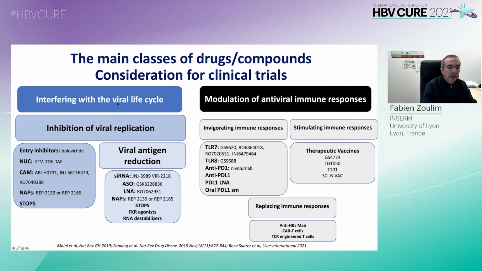So we have drugs that interfere with the viral life cycle, that inhibit viral replication with specific targets, or can inhibit viral antigen expression. Besides these direct-acting antivirals, we have drugs that modulate the antiviral immune responses, with strategies that invigorate immune responses or stimulate specifically these immune responses, as well as newer strategies aiming at replacing these immune responses.